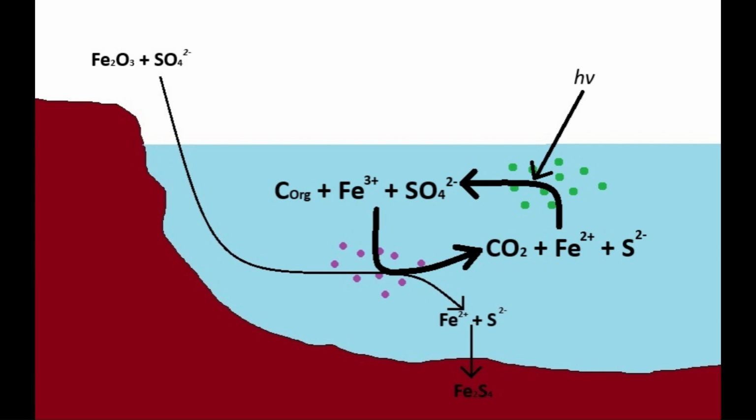These could then be used by phototrophs as an electron donor to produce organic carbon. The phototrophs would then release iron oxides and sulfate, which the heterotrophic respirers could then use, and the cycle repeats. So, there could have been a proto-carbon cycle on ancient Mars, except one based around iron and sulfur instead of oxygen.